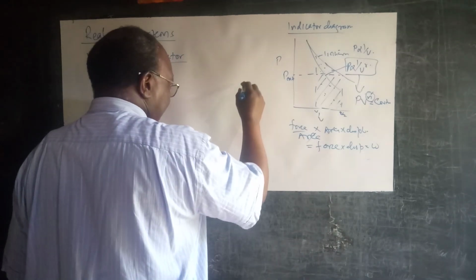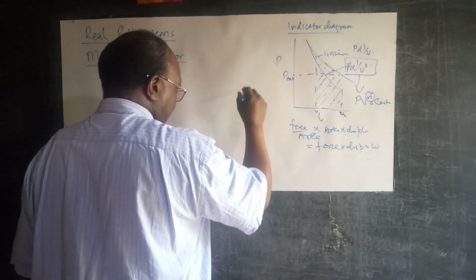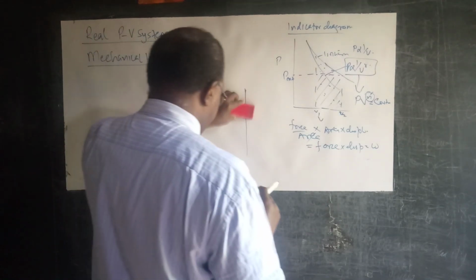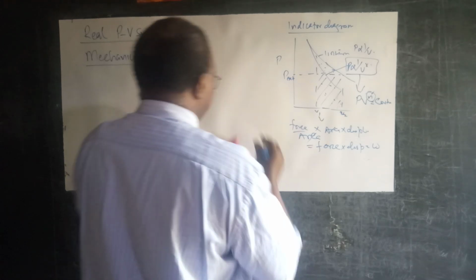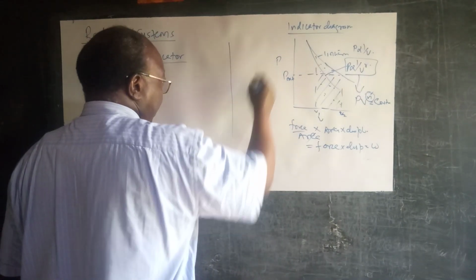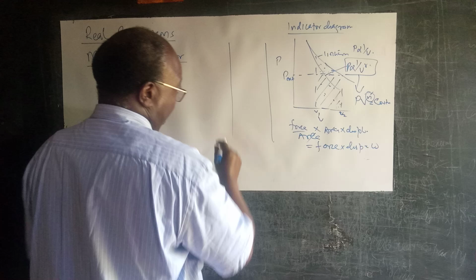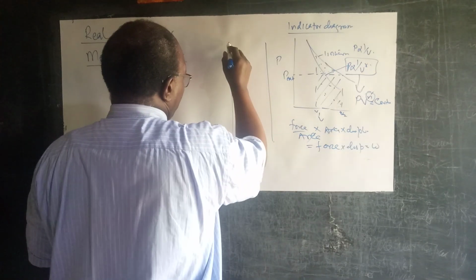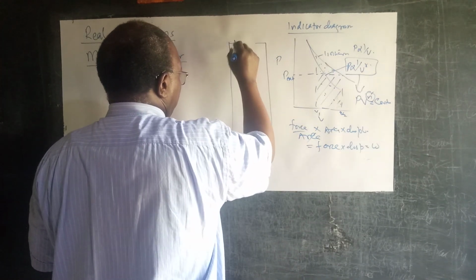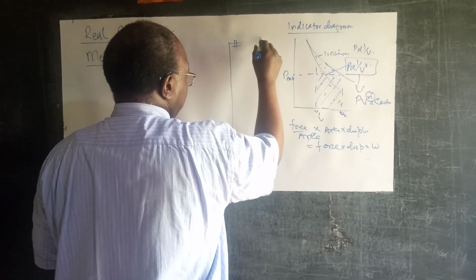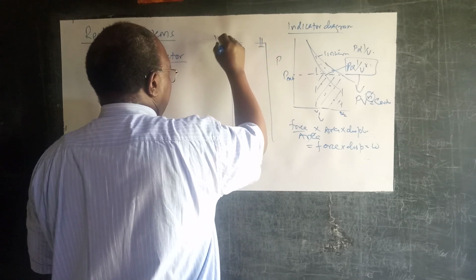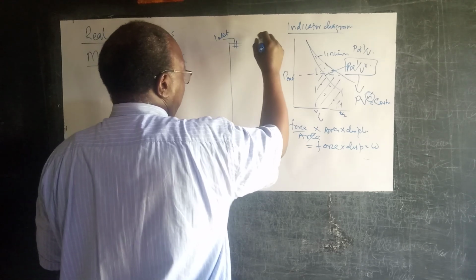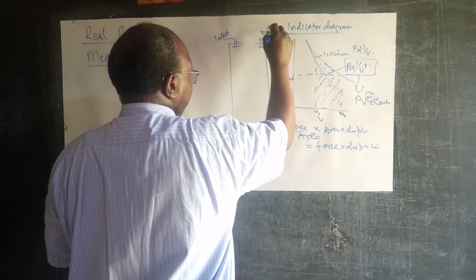So what's a piston cylinder unit? Remember, we had our system. Let's just remind ourselves. The piston cylinder unit. We have our system. Remember we talked of valves, inlet valve or an outlet valve.